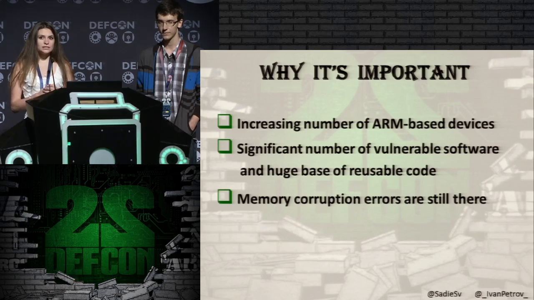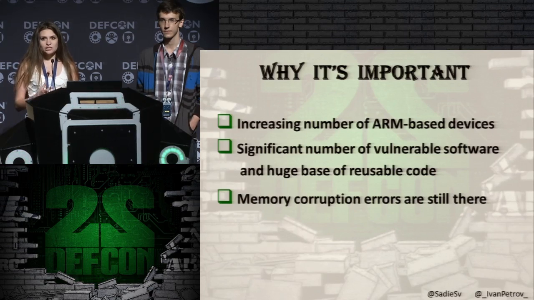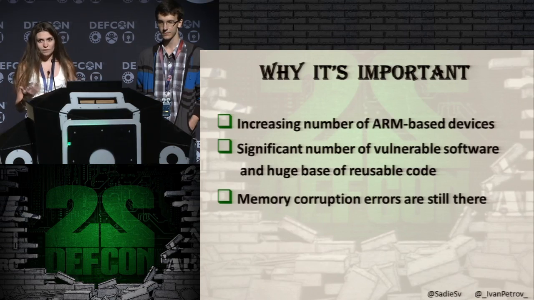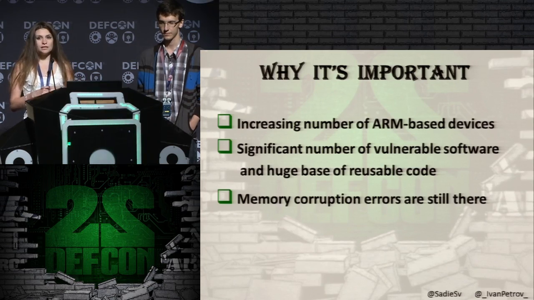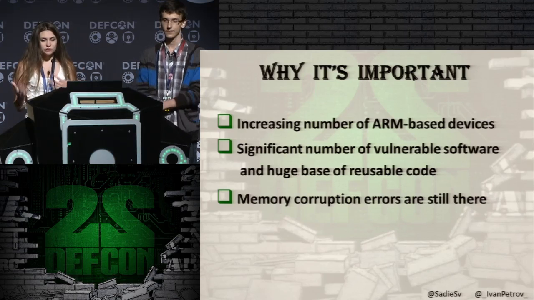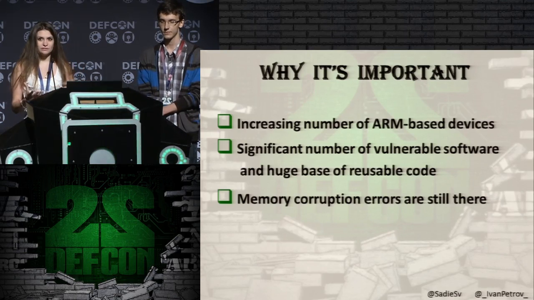Okay, so now we know that the number of ARM-based devices is increasing significantly. Actually, we know that it has already boosted in times compared to devices on the x86 platform. For example, it's our cell phones, our tablets, network devices, a lot of routers and controllers, even SDN networks work on ARM-based devices.